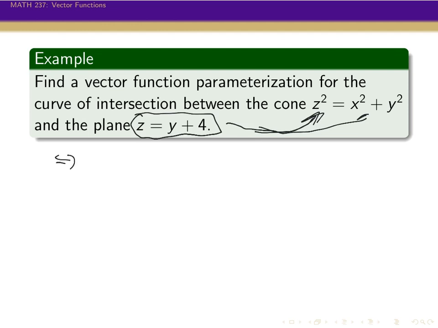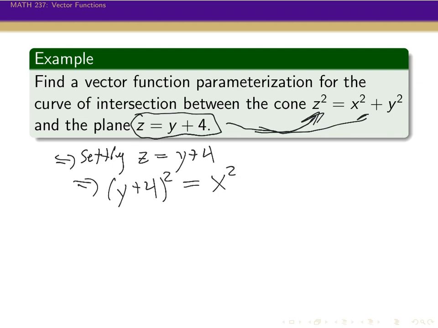Okay. So I'm just remembering I'm setting z to be equal to y plus 4. And so when I plug that in, I'm going to get y plus 4 squared is equal to x squared plus y squared. Oh, I was wrong. I don't think this is an ellipse. Let's see what we get.